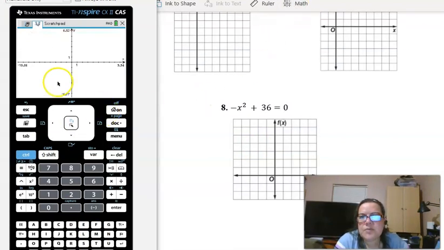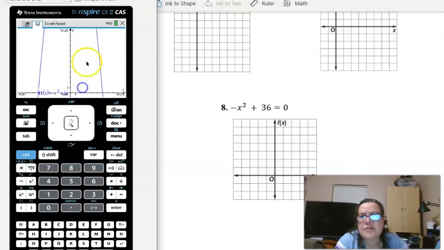So for the graph of this particular one, I just go to tab, and I have negative x squared plus 36, enter. Whoa, it's a pretty huge parabola, right? But I think we kind of understood that.